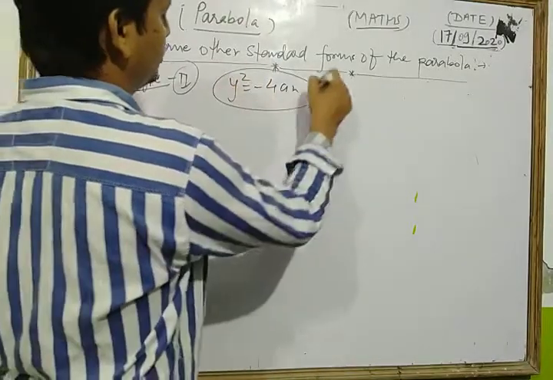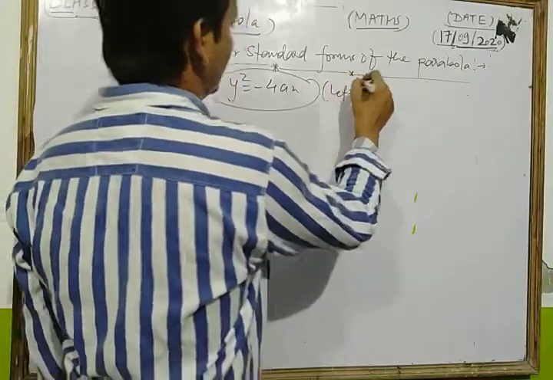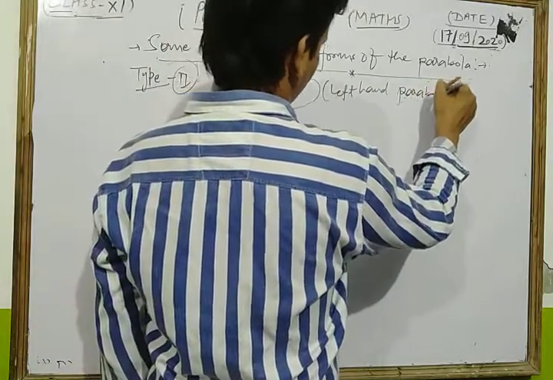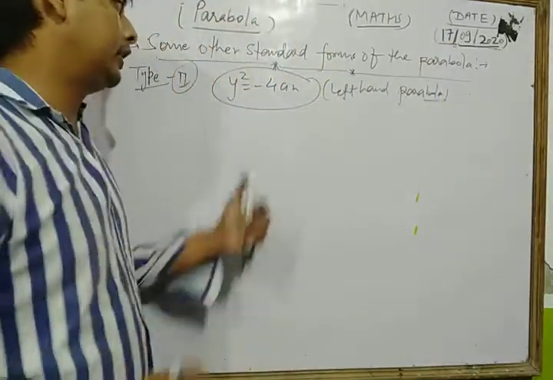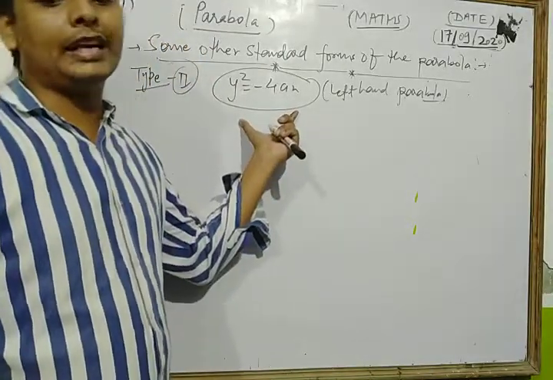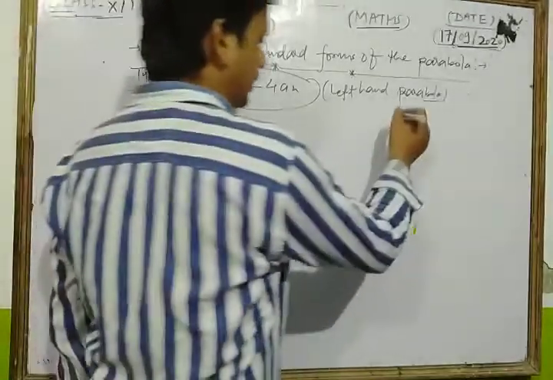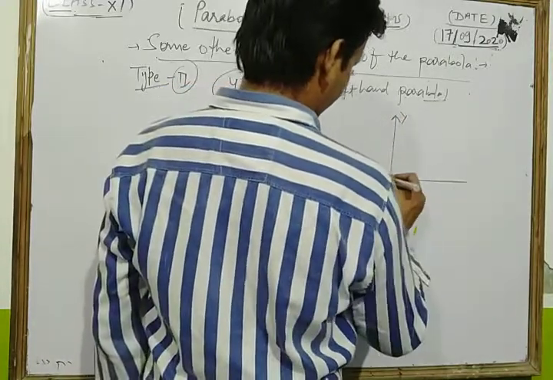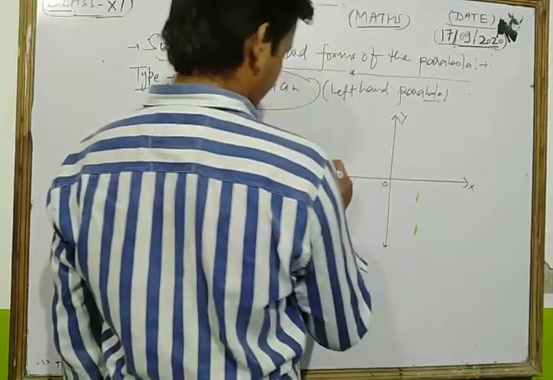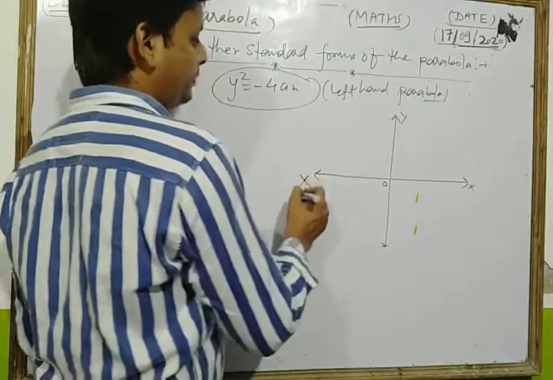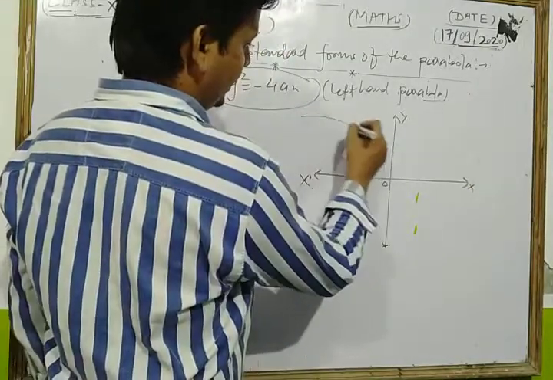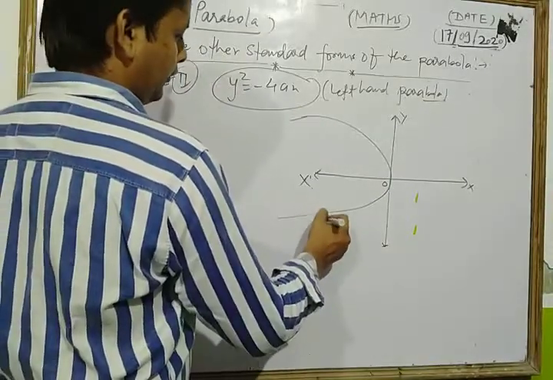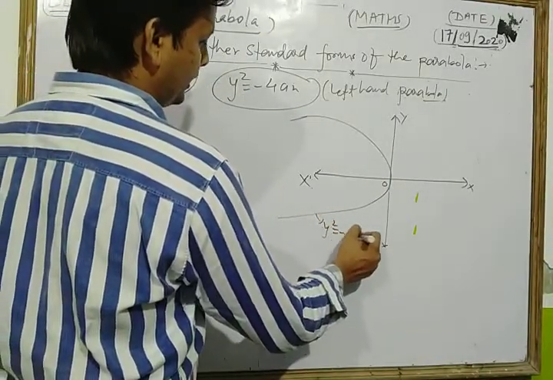This is also known as the left hand parabola. The diagram of the left hand parabola y square is equal to minus 4ax is formed in this way, along the x dash side.